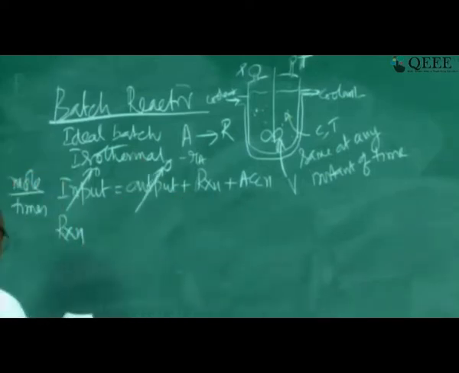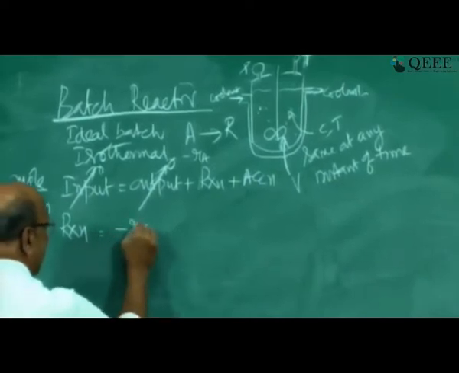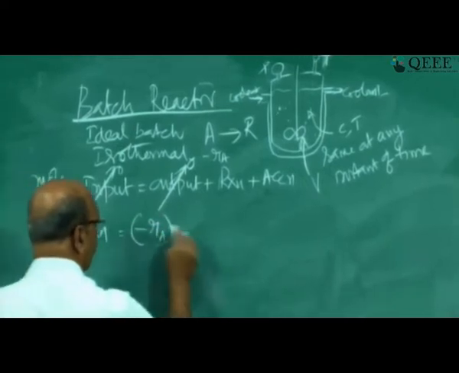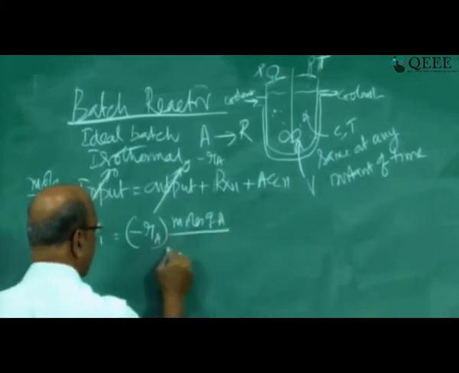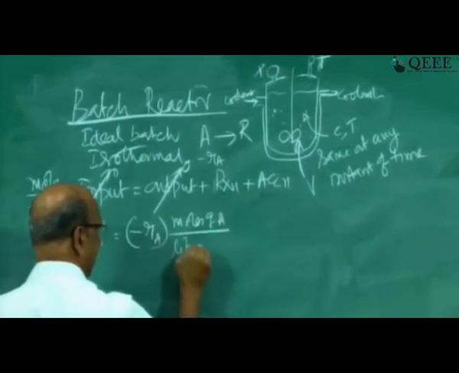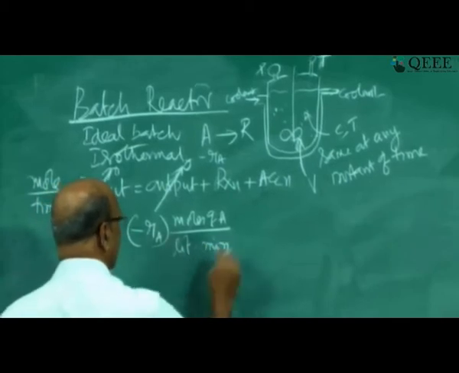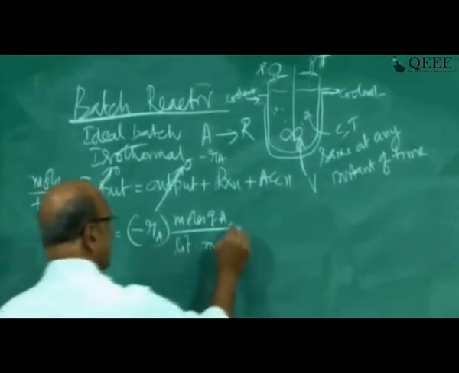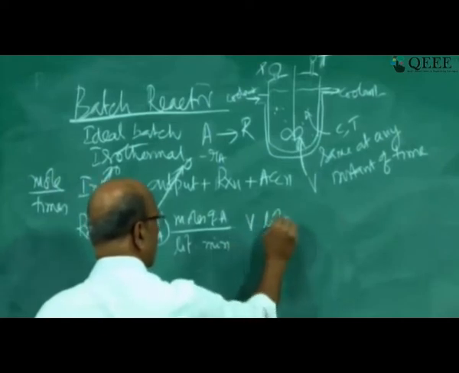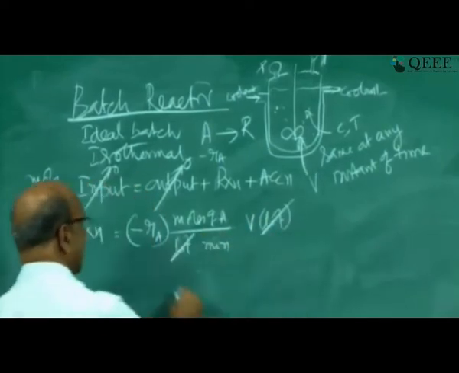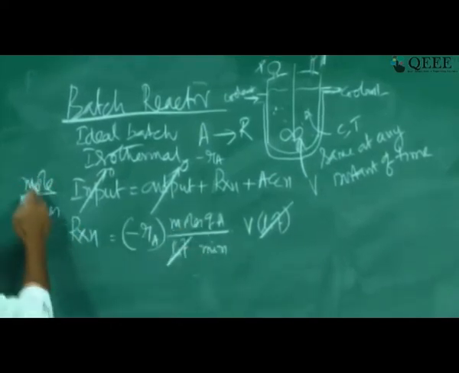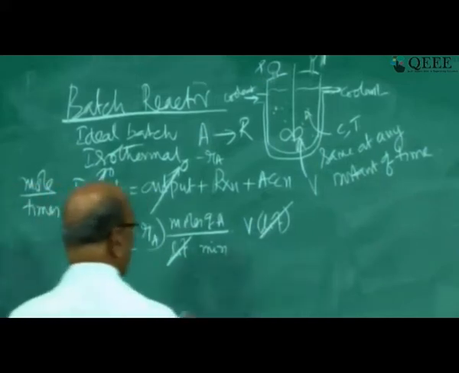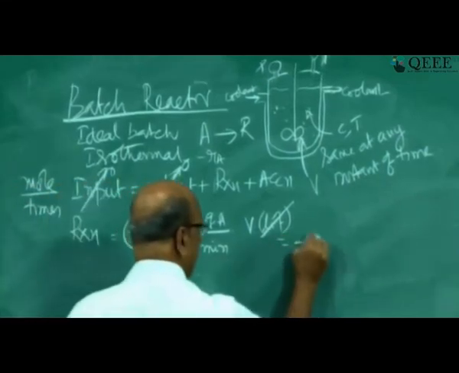Now the reaction term will be minus rA into V. This minus rA has units of moles of A per unit volume, per time, per minute. The volume is in liters, so the volume units get cancelled. I have moles per minute, that is, moles per time. So for reaction I have minus rA into V.